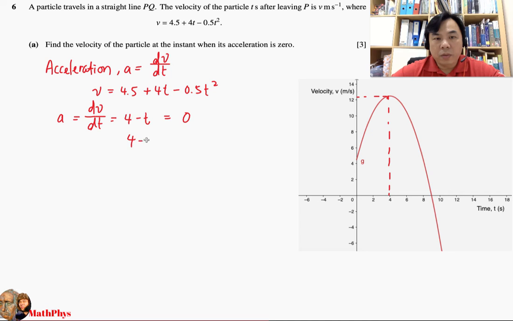We find that 4 minus t is equal to 0. Therefore, the acceleration will be 0 at time t equal to 4 seconds. But that's not what we want here. We are interested in its velocity when its acceleration is equal to 0, so we just substitute this back into the original equation.